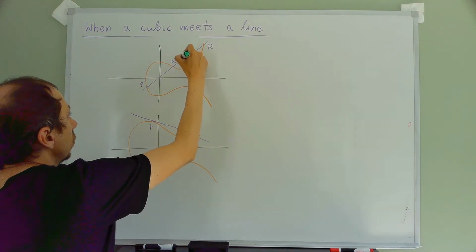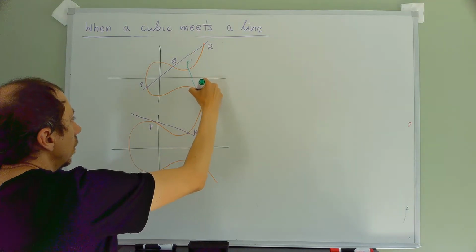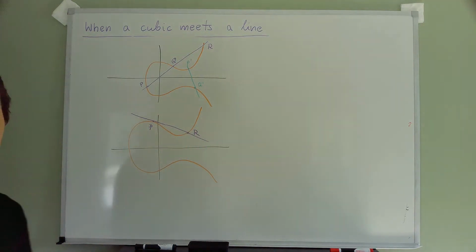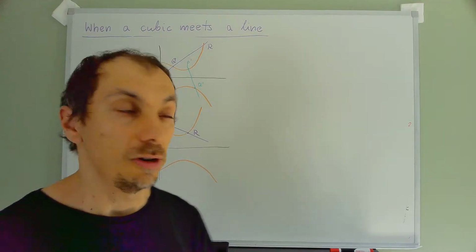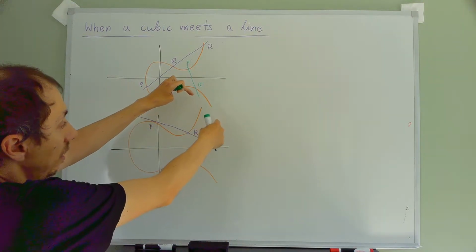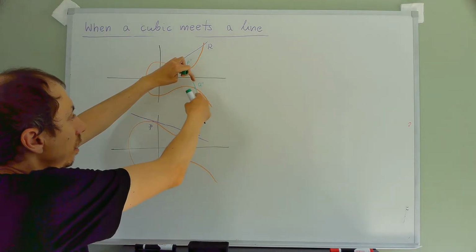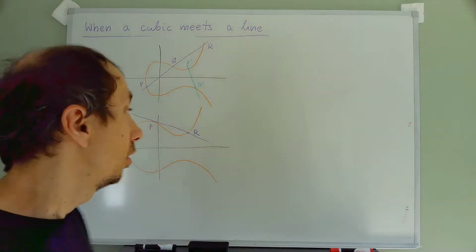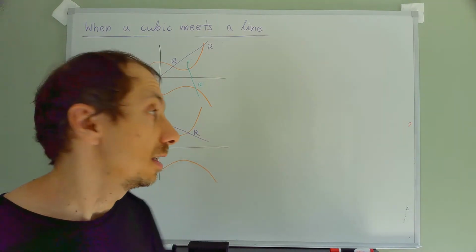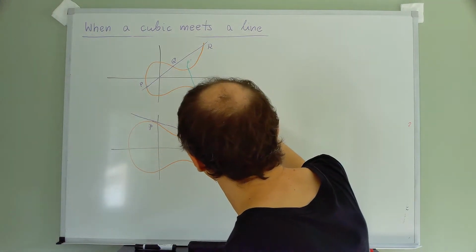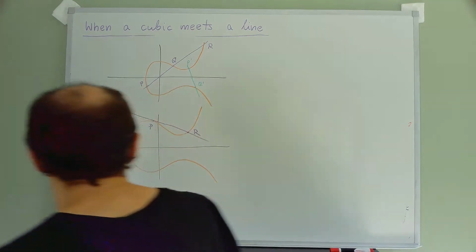I connect those two with a line. And it looks like maybe there is no other point of intersection. It looks like there isn't, but there actually is, because the concavity of the curve will force the line to intersect again. So somewhere there is another point of intersection.